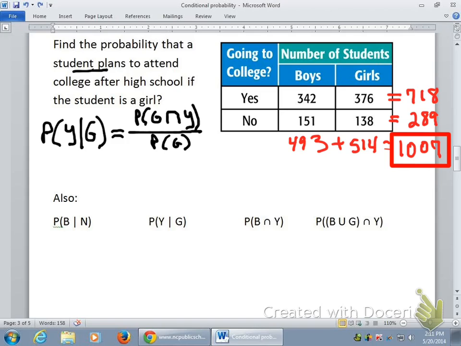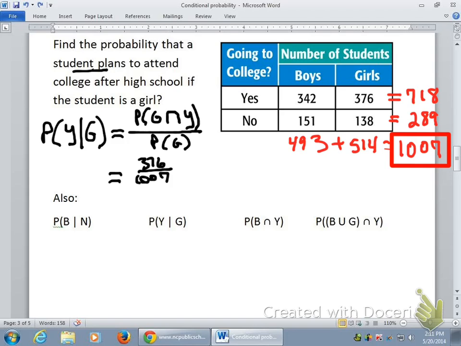Right? So let's go through each of those. Okay? The probability that it was a girl and she said yes, she's going to college. Well, how many girls said yes, they were going to college? 376. But that's 376 out of how many? No, that's 376 out of 1,007.